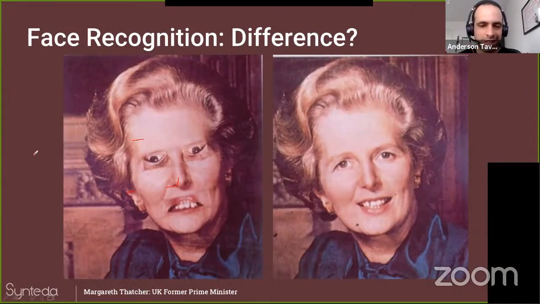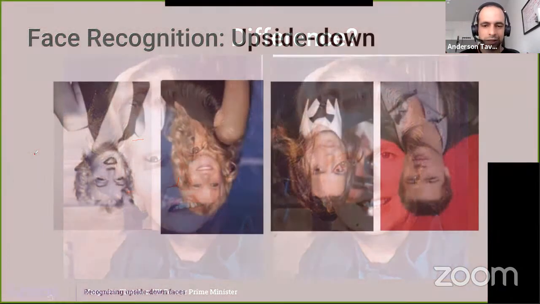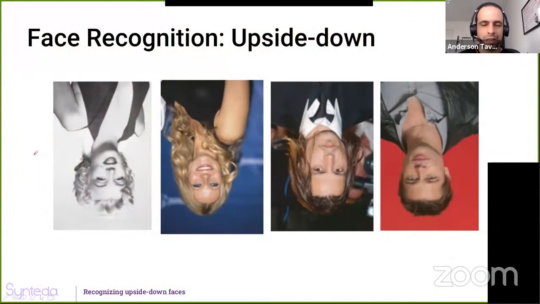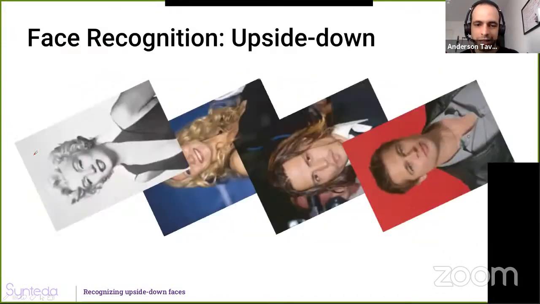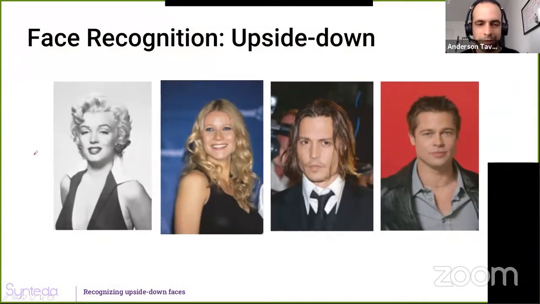This is because we are used to looking at eyes, mouth and nose in the correct orientation, but it becomes really difficult when those components are in a different orientation, like that one. You could spend some seconds trying to identify those people, but it becomes much easier when the people are in the correct orientation.